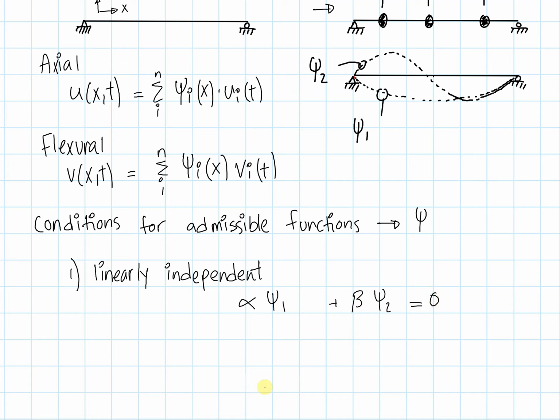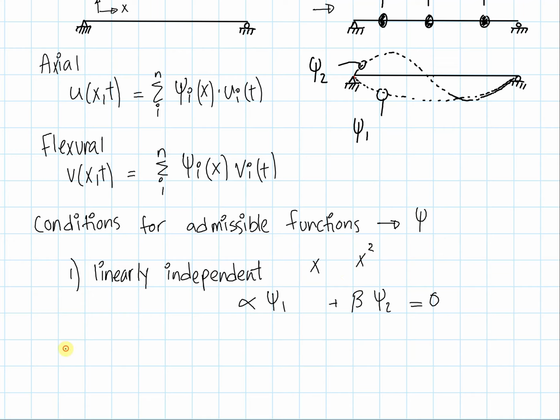That's not going to happen. An example of this is x and x squared. Except for the position x equal to 0, you're not going to have any other cases where these two somehow equal 0 for a continuous span of x's.